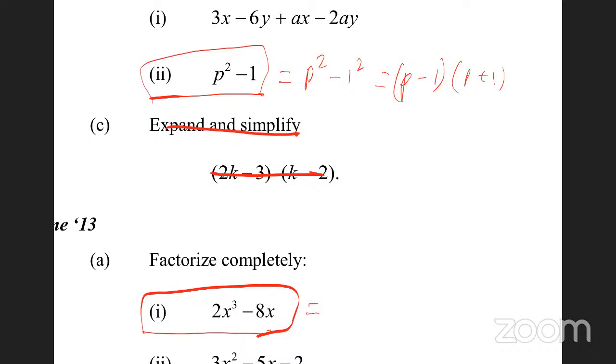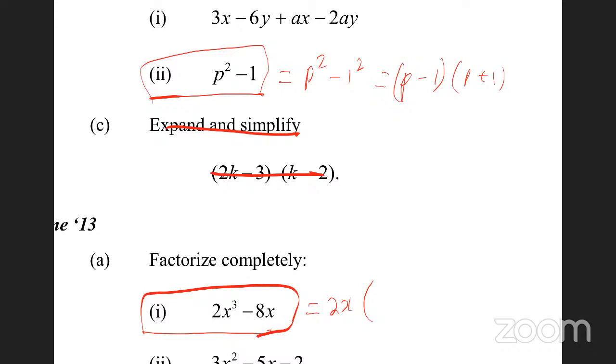Last one. 2x cubed minus 8x. Hey, come on, sit down in front next time. 2x cubed minus 8x. What do they both have in common? X and what else? You're correct. So you're factoring out 2x, right? So what will you get when you factor out 2x from 2x cubed?